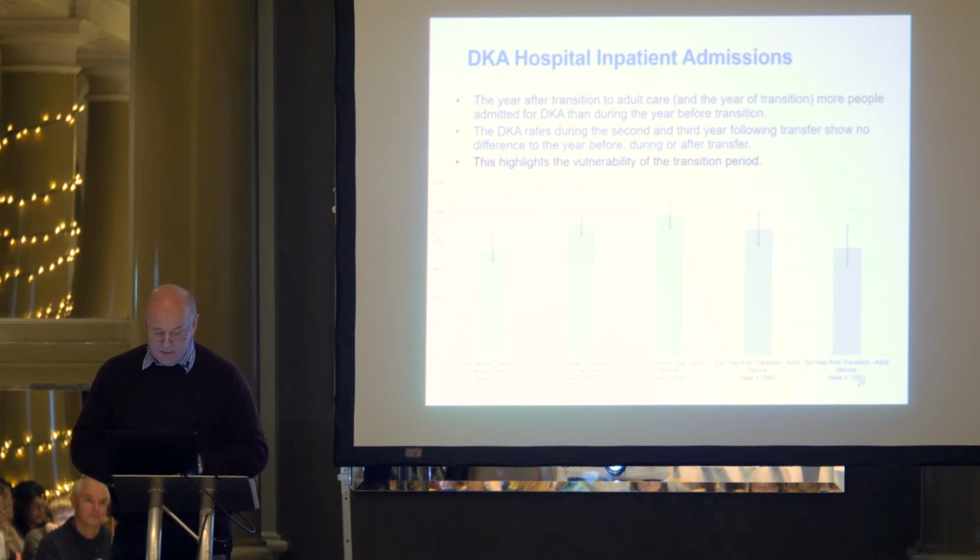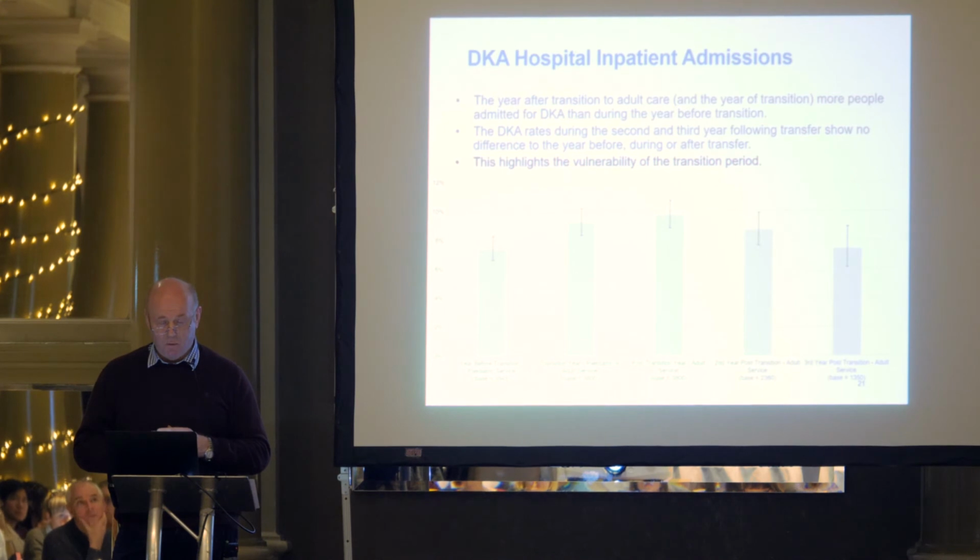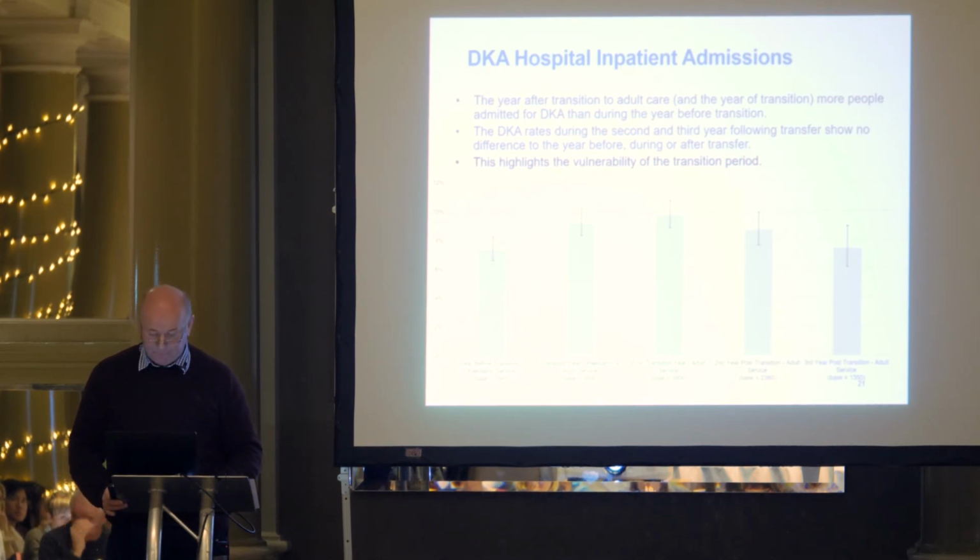So again, the far left is the year before transition, the next bar is the year of transition. There's an increase in DKA rates during that year that we transfer, and then it goes up a little bit the first year and then comes down a bit. And although those are only 1 or 2% differences, over that 3,800, that's actually quite a lot of extra admissions with DKA.